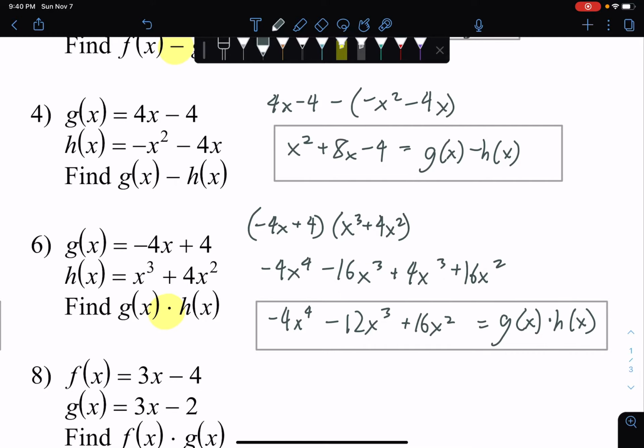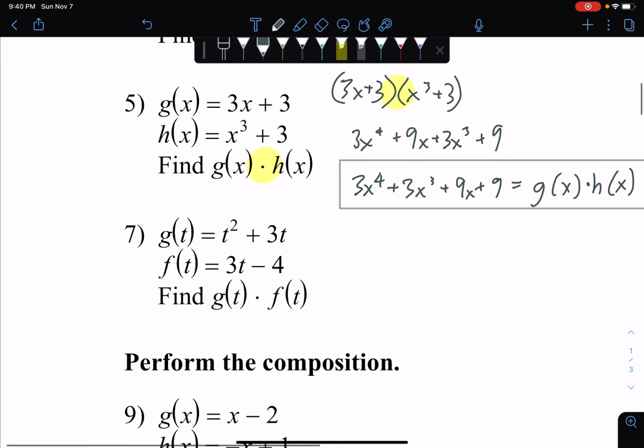Let's move to number 7. Our usual drill. Alright, t raised to 2 plus 3t times the quantity 3t minus 4. Both of these are quantities because they're encased in parentheses. So simplify, evaluate. 3t raised to 3. That's an ugly 3. Let's fix it. There you go.